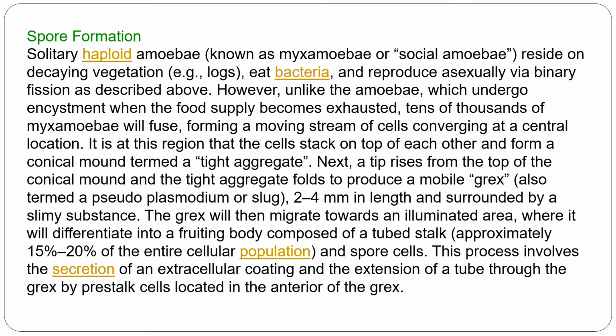Now you see spore formation. Solitary haploid amoebae known as myxoamoebae, or social amoebae, this is the new term, reside on decaying vegetation, that is logs, eat bacteria and reproduce asexually via binary fission as described above.